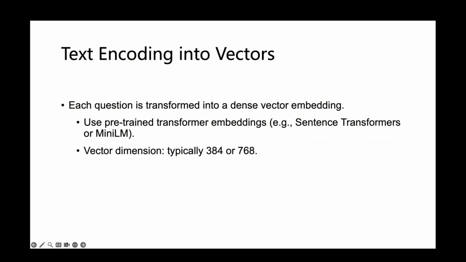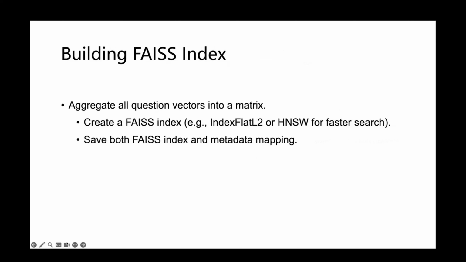Moving on to encoding text into vectors. Each question was transformed into a dense semantic vector using a pre-trained transformer model. These embeddings captured deeper semantic relationships beyond surface-level keywords. We typically use 384-dimensional embeddings, balancing expressiveness and efficiency.